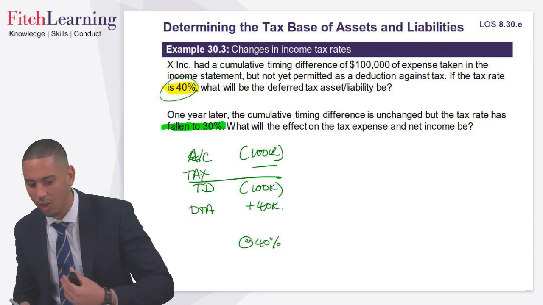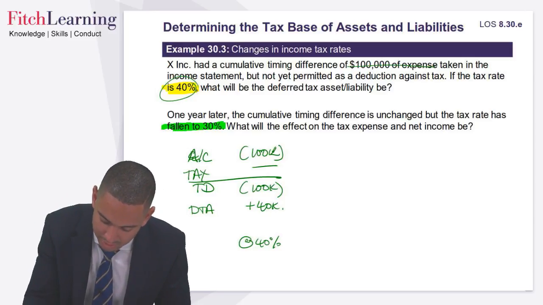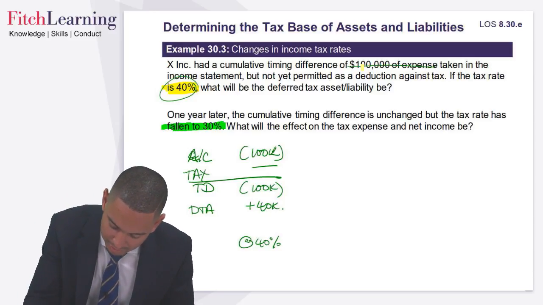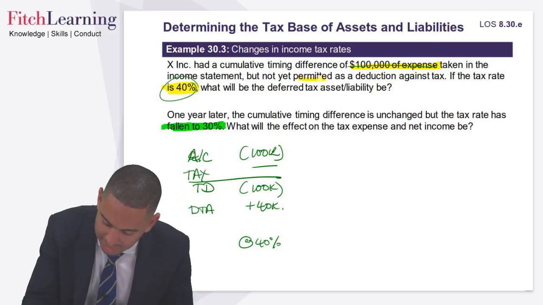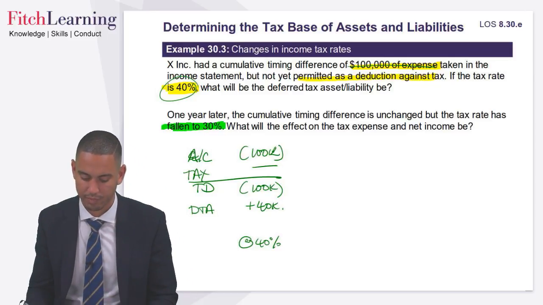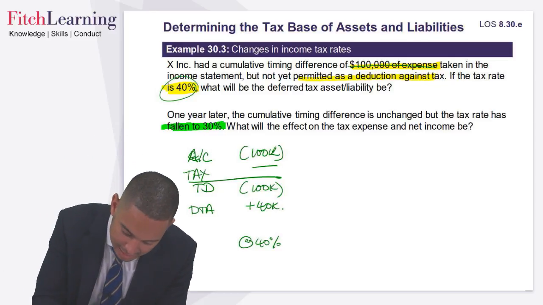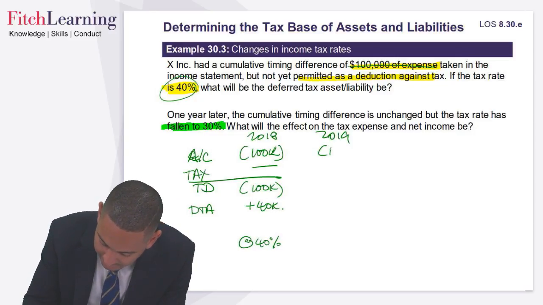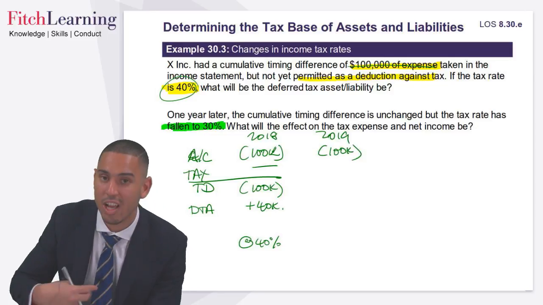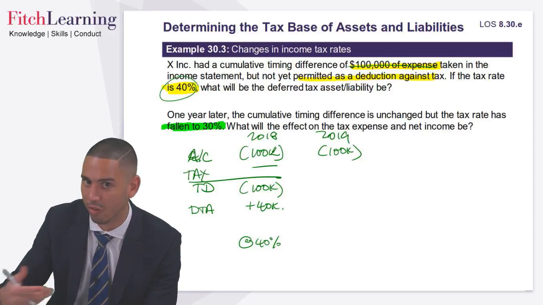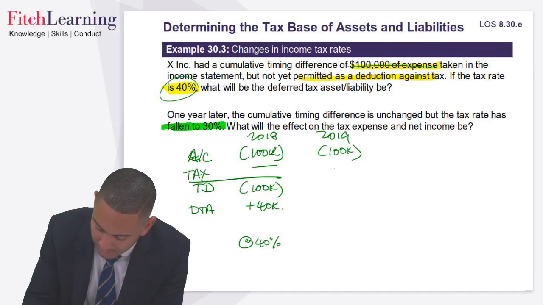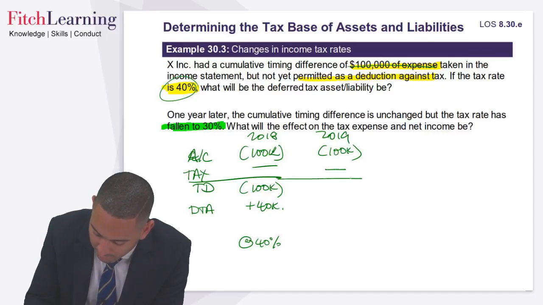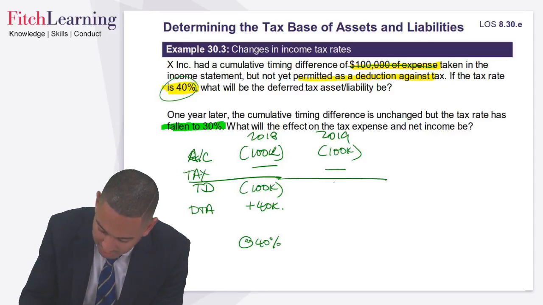Per my accounts, I've got 100 grand of expense and I've got no expense according to my tax. Now the next year, and let's say that this is 2018, in 2019, nothing's changed. So I've still got this 100k of expense that's gone through somewhere or another, sitting on my balance sheet. My tax authority still allows me nothing. So I've still got this timing difference of 100k.